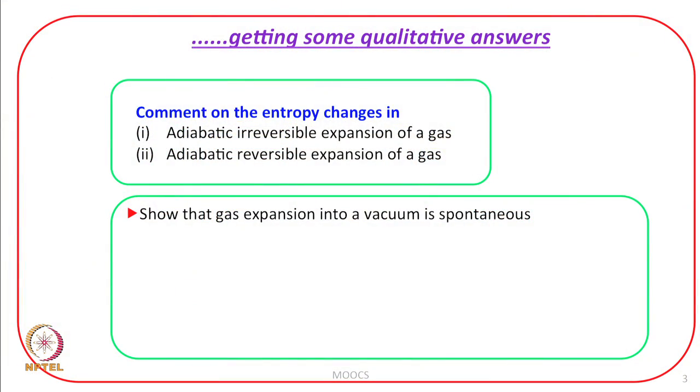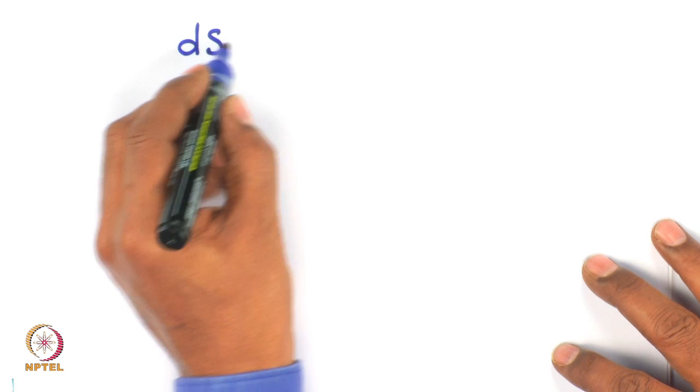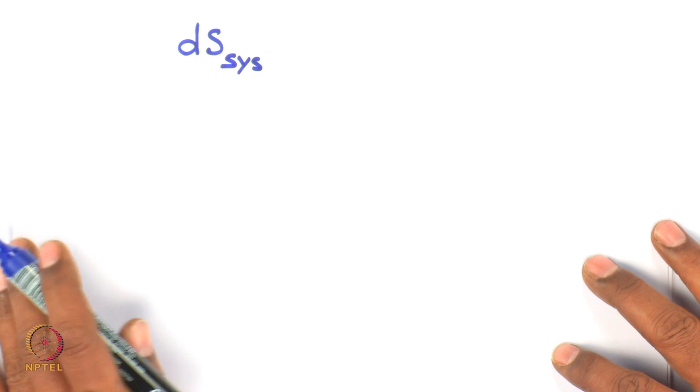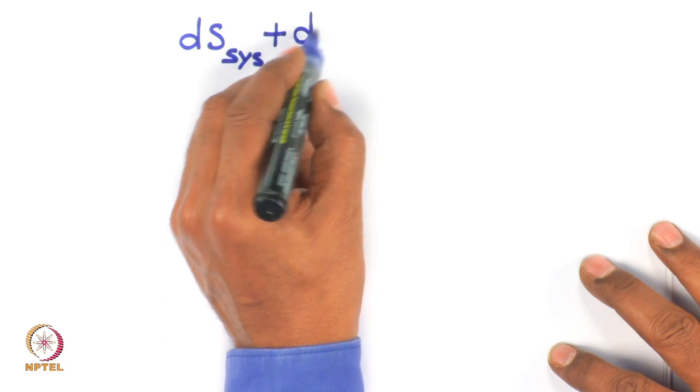Let us move ahead and prove again by Clausius inequality that the gas expansion into vacuum is spontaneous. How do we approach that? Spontaneity in terms of entropy will be commented upon based on the entropy change in the system plus entropy change in the surrounding.